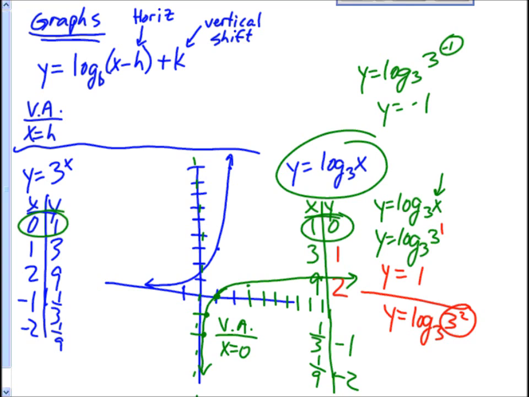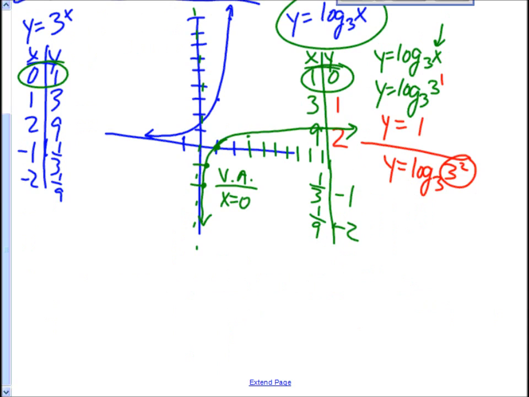My domain: you see how it takes off from 0 and goes to the right, except we never quite touch that x value of 0. So I say my domain is x greater than 0. You can think about the former range on the blue one, 3 to the x.